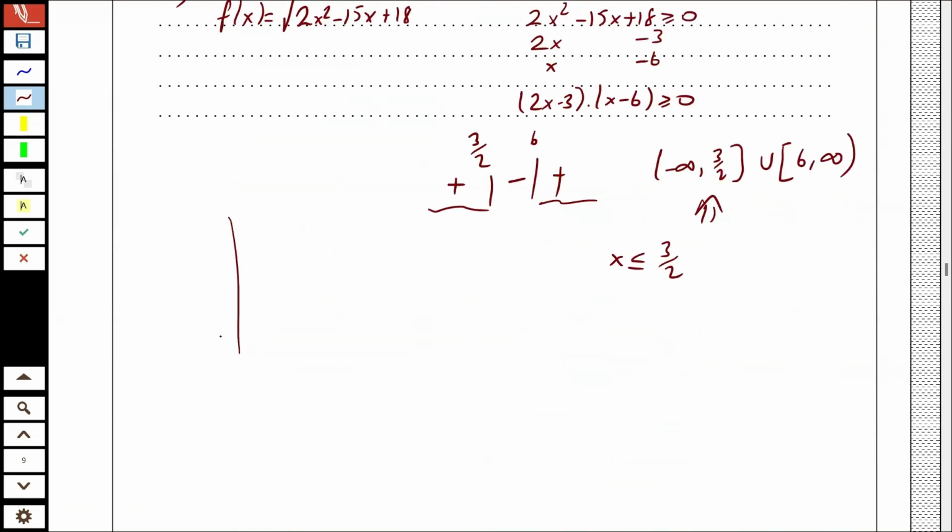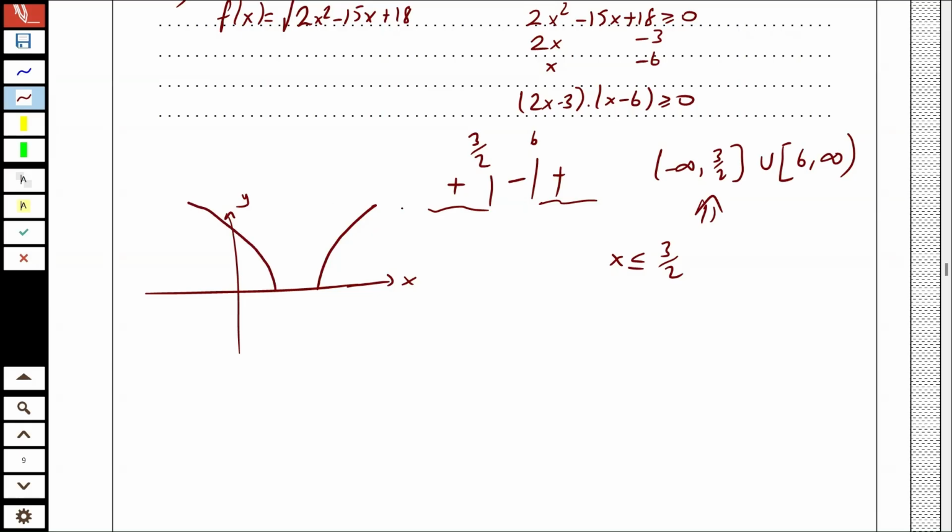Maybe you can just try to draw this graph. We know that square roots start from the x-axis and go to infinity, for example, from 6 to infinity, from 3 over 2 to infinity.